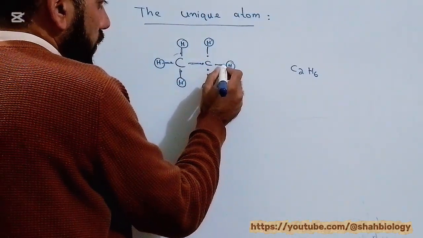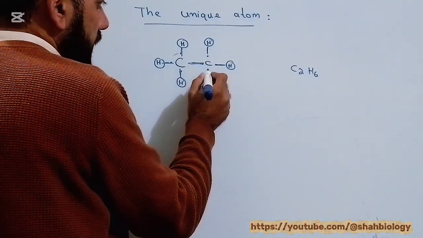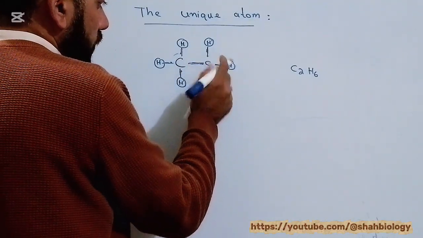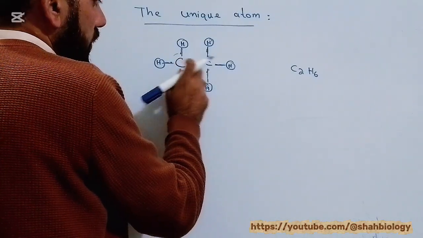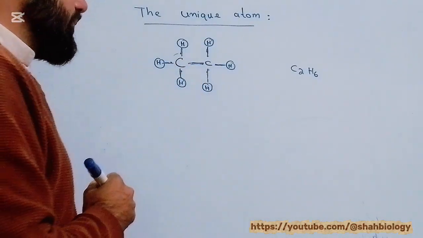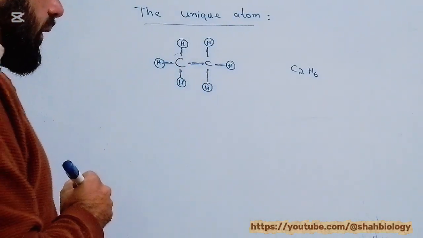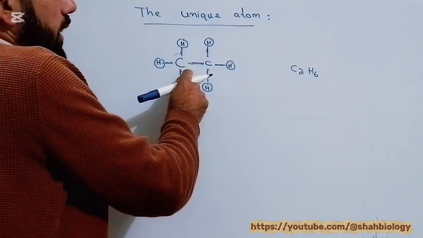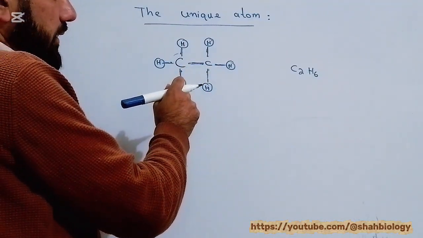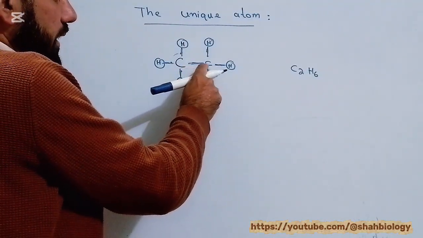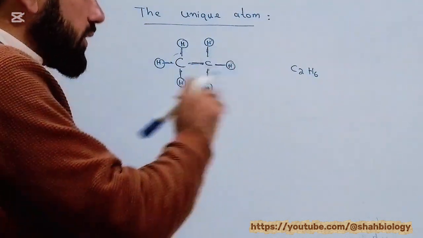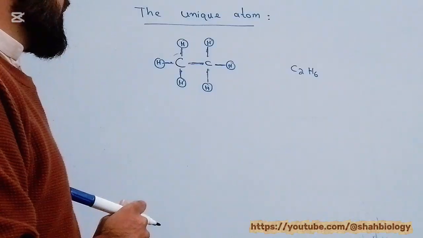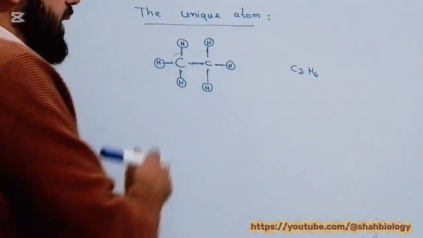It also shows tetravalency: one, two, three, four. This bond is common to both carbon atoms. And it also shows catenation. Look, this carbon is linked to this carbon. So both properties are shown here in this diagram.